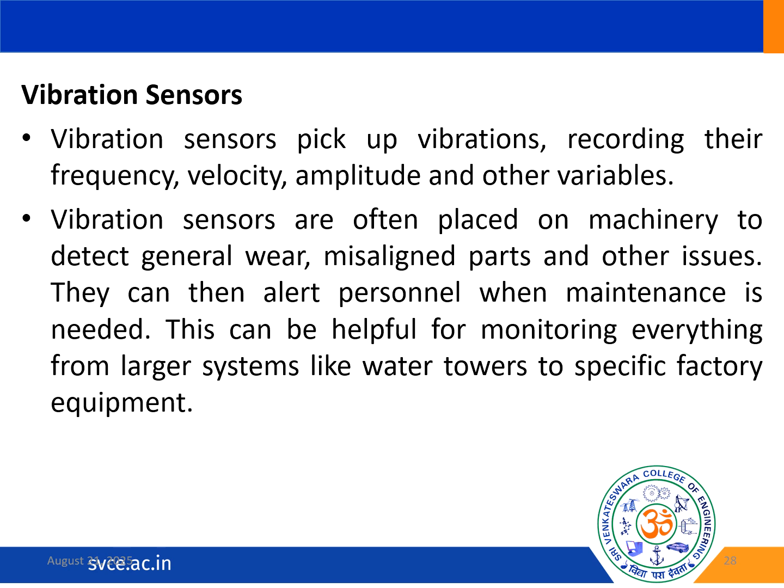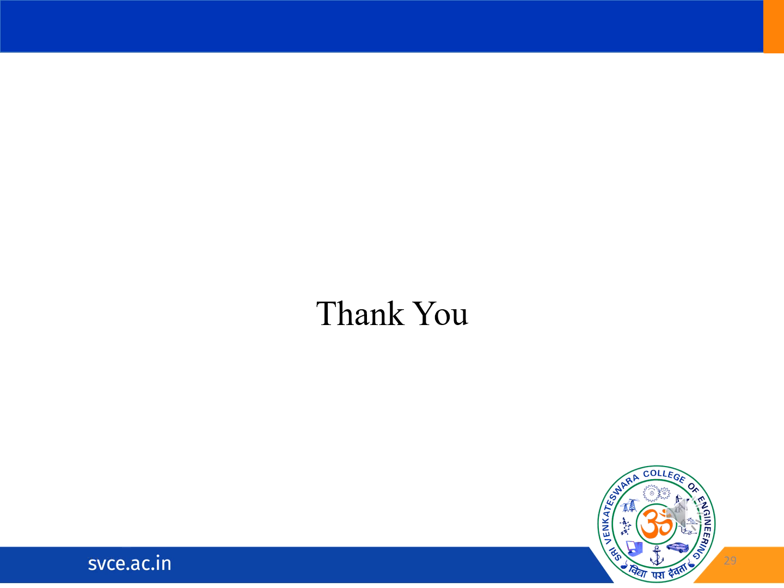From large-scale infrastructure like water towers to factory equipment, vibration sensors are integral to predictive maintenance strategies, and they can also support operational reliability across industrial systems. It's very helpful for monitoring large systems like water towers. It can also predict malfunctioning or misaligned parts in machinery. This is the main use of vibration sensors.